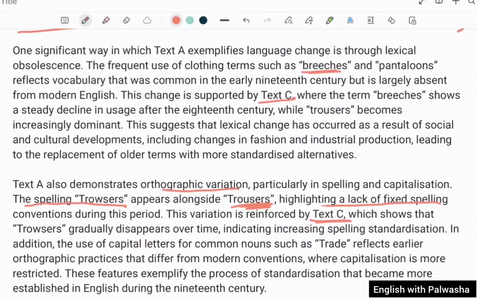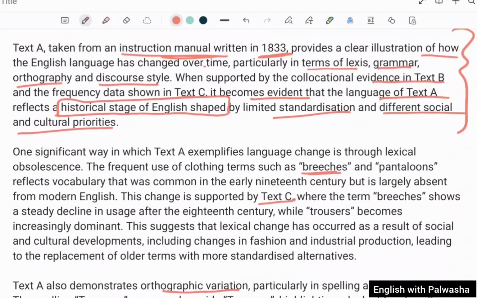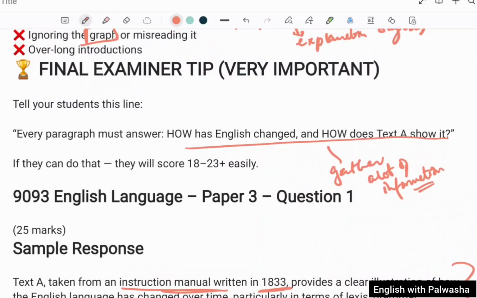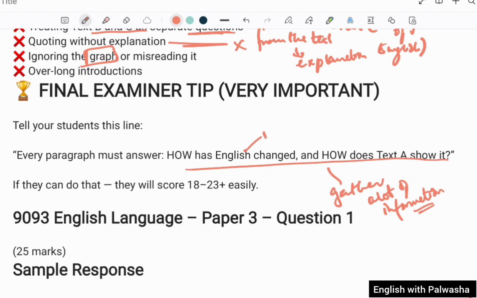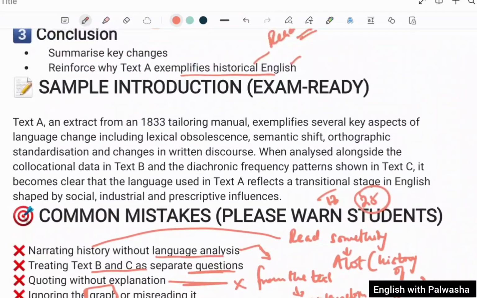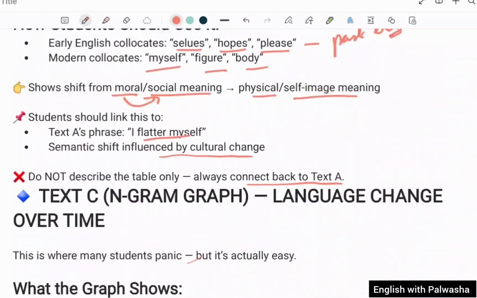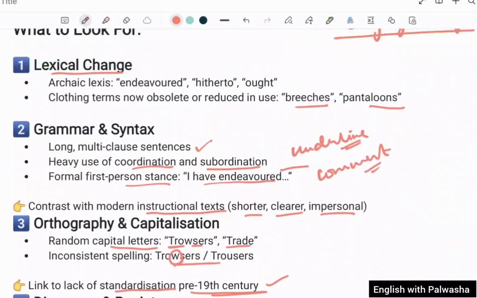You always have your cell phones in your hands. Information is something you have to gather. You don't have to write your basic English. You have to just talk about how English language has changed over time. And you have to gather information from a lot of sources by quoting the references of some different people, and this is how it is going to be an expanded answer of 9093 Paper 3 English A Levels.